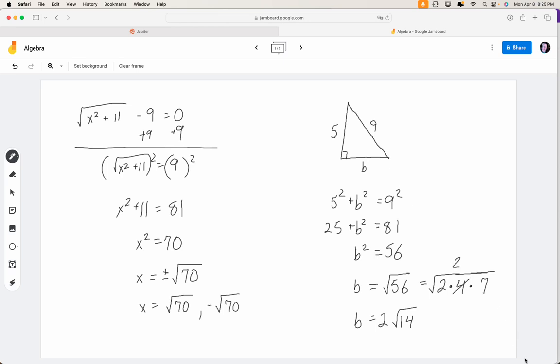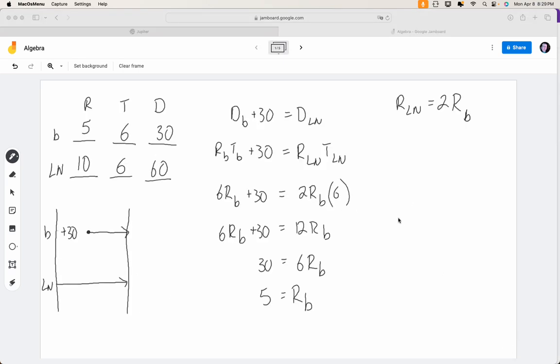All right, moving on. The next problem says the brigantine was sailing at full speed and was 30 miles at sea when Lord Nelson began to give chase. So he's 30 miles ahead of Lord Nelson when the time starts.